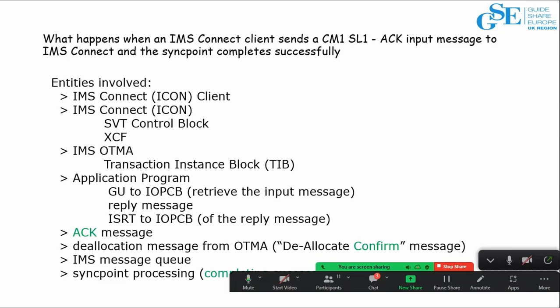And the second scenario is the IMS Connect client could also send a NAC, or a negative acknowledgement. Till now, IMS Connect has sent the reply message to the IMS Connect client and it's waiting for the ACK or NAC. These steps are common for both the scenarios.